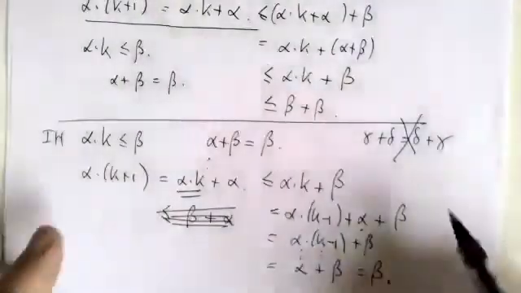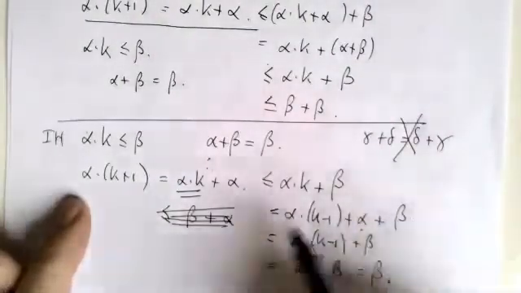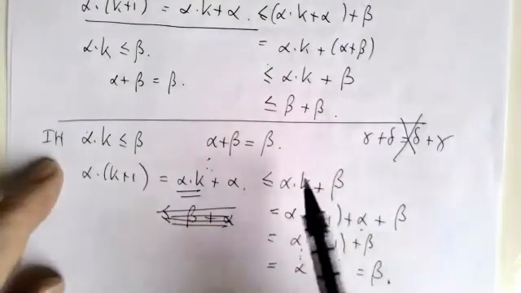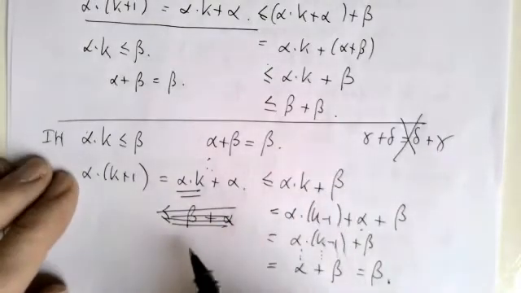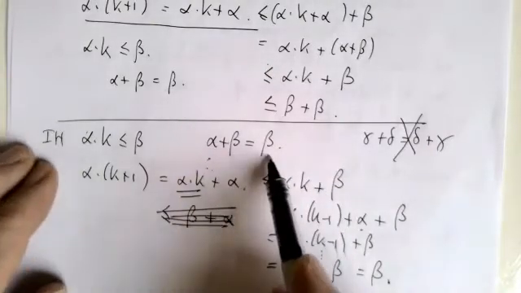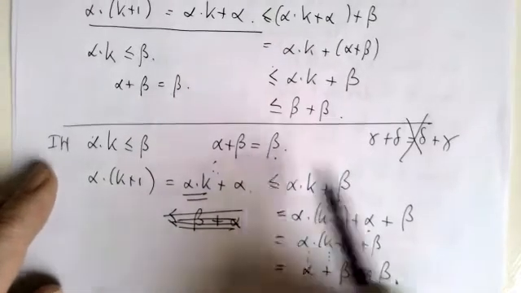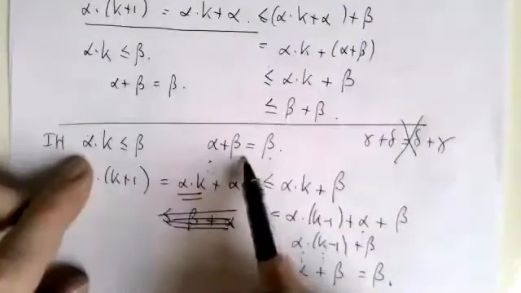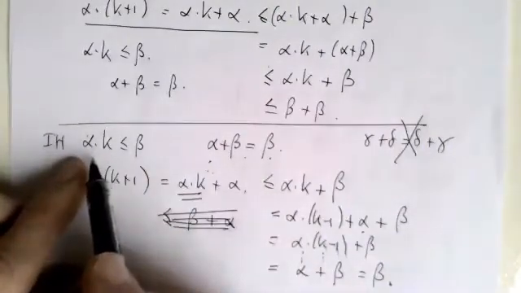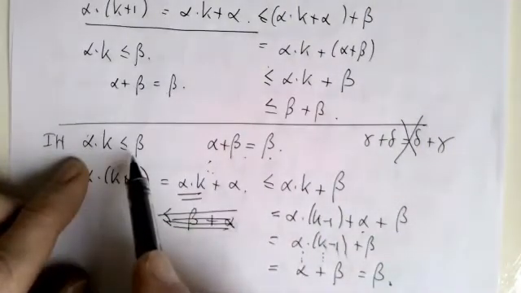Okay, sorry, so let's just go through this once more. I was making heavy weather of this. So we're told alpha plus beta equals beta, right? Alpha is less than beta. We assume as an inductive hypothesis, alpha times gamma is less than or equal to beta.